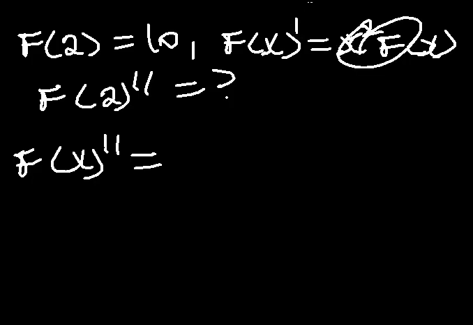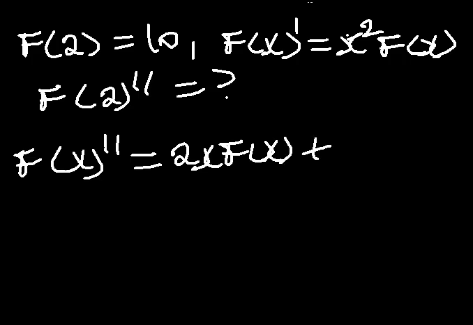So f of x double prime will be 2x times f of x, plus x squared times f of x prime, and that is according to the product rule.